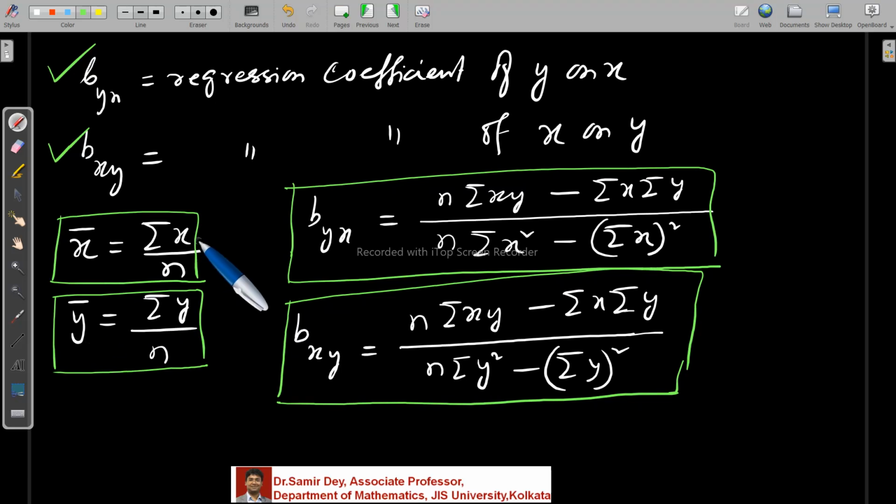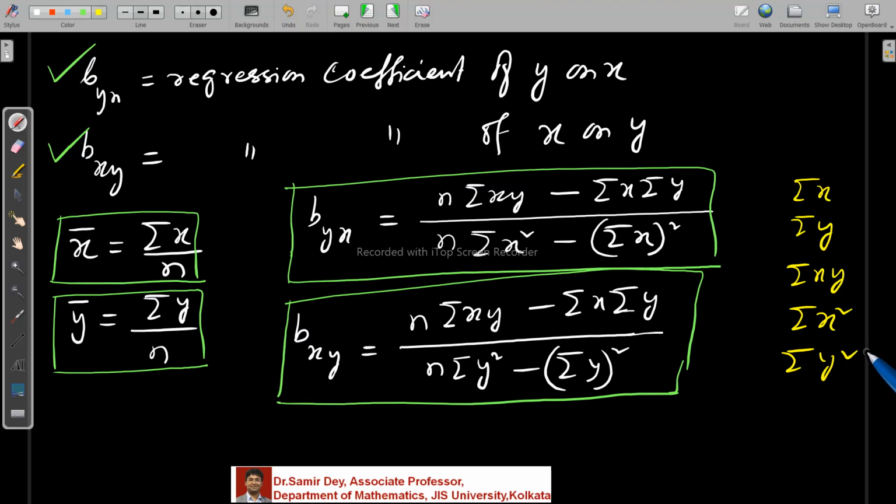From here it is clear we need to calculate summation x, summation y, summation xy, summation x square and summation y square.